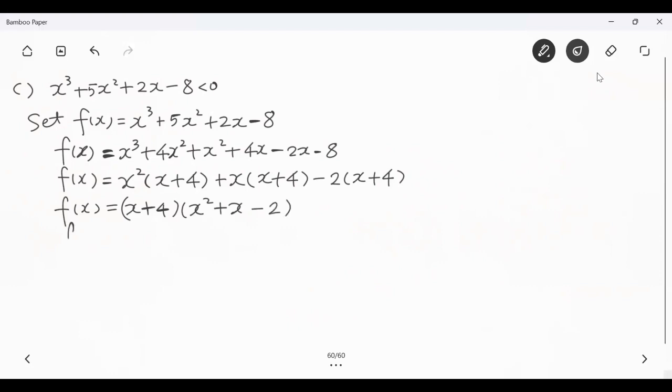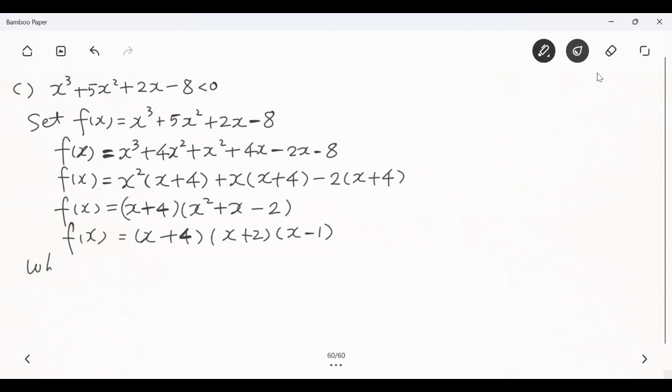So keep factoring. The middle term is x, and that's the negative 2. So you can factor by x plus 2, x minus 1, right? Because the bigger one is positive, right?